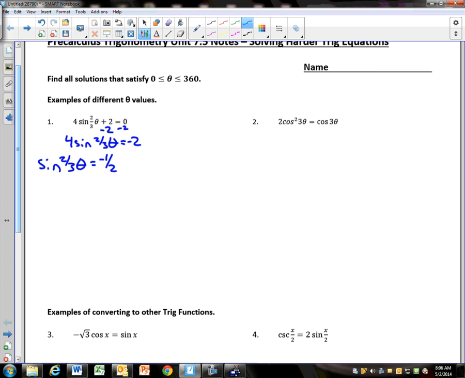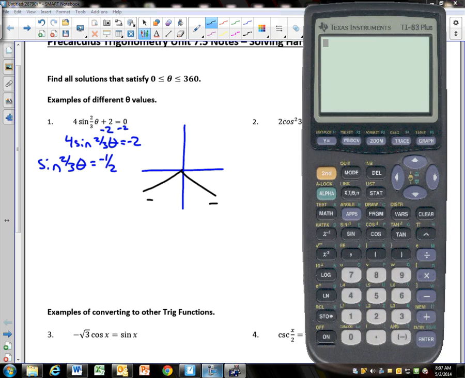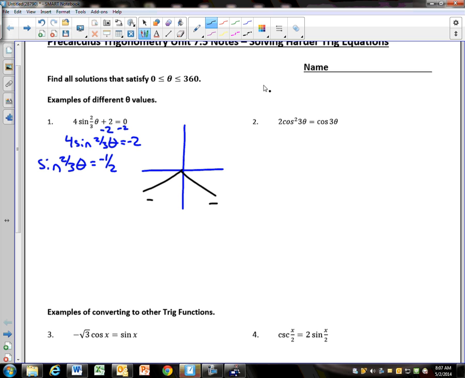And so I'm going to set up my quadrants. Where is sine negative? Yeah, 3 and 4. So I'm going to sine inverse 1/2. Sine inverse 0.5, and I get, you know this value, 30 degrees.